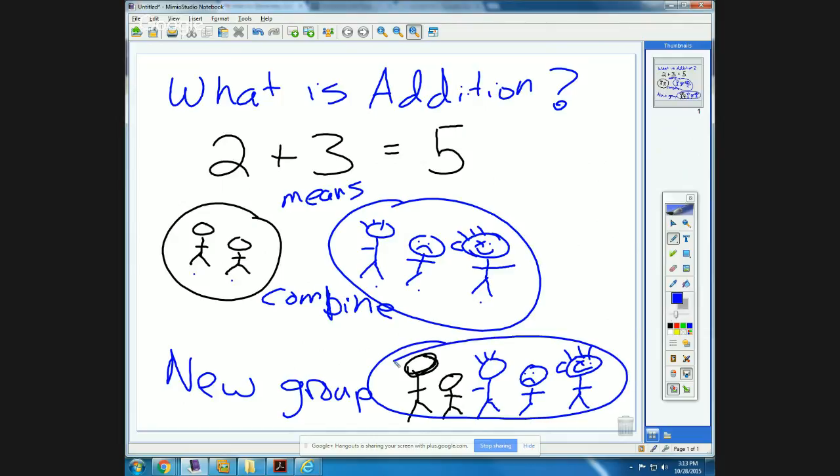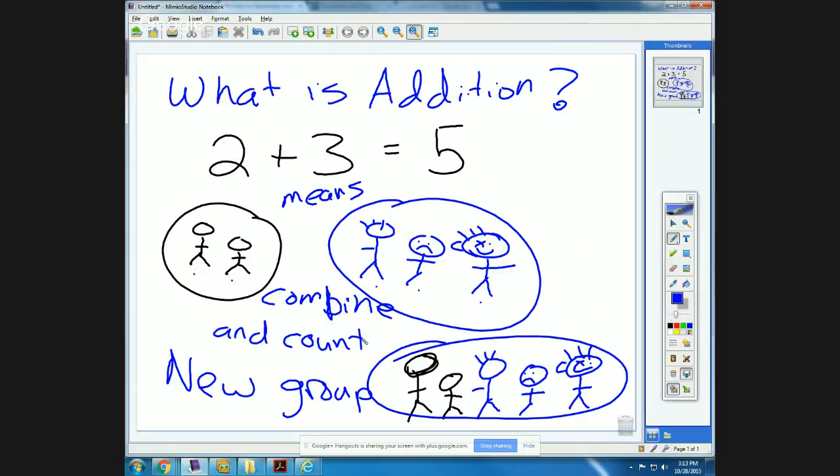So there's my new group. Not only does it mean combine, because my brother and I used to get together to play with our dolls a lot, but we didn't usually count them. We just started playing with them. So addition not only means to combine them, but we also have to count them. So to add means to combine two groups and count up how many things you have.